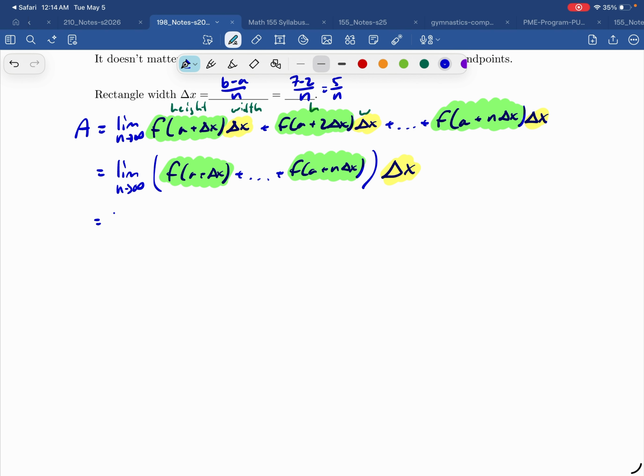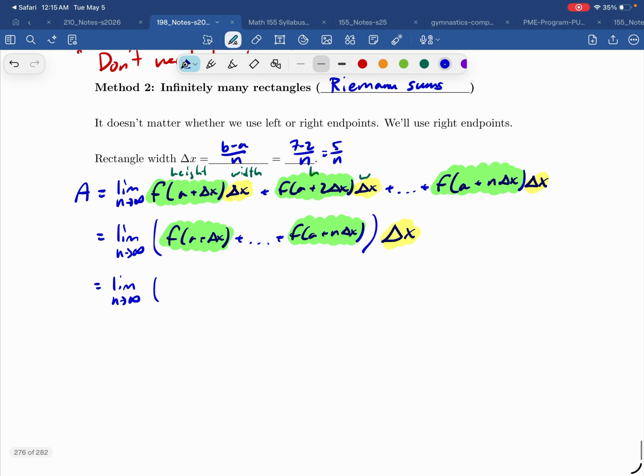Anyway, let's plug our stuff in. Now, we know what f is. It's 4x plus 3, okay? And we also know that a equals 2, and delta x equals 5 over n.